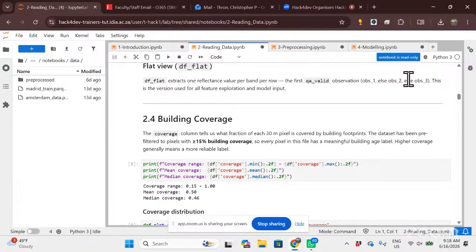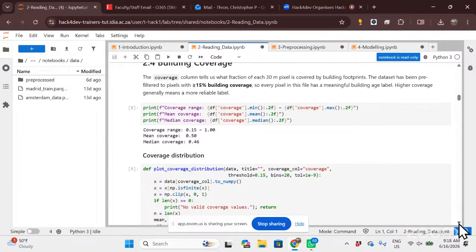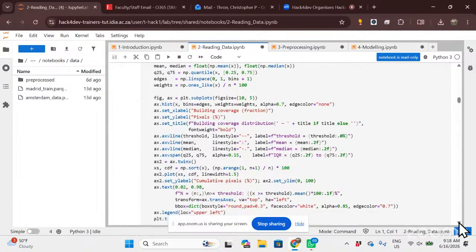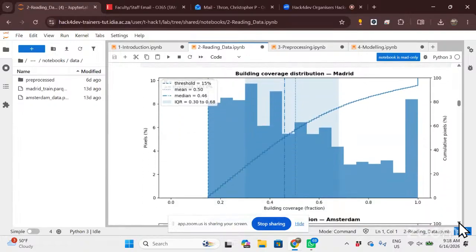This was a choice, and there might have been other choices. These graphs here are not really too relevant, but they are interesting. It's good to understand the characteristics of your data.